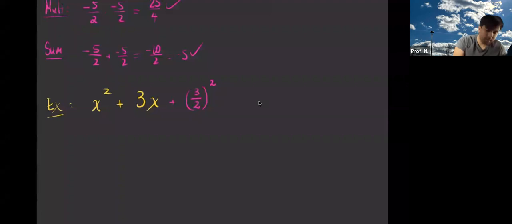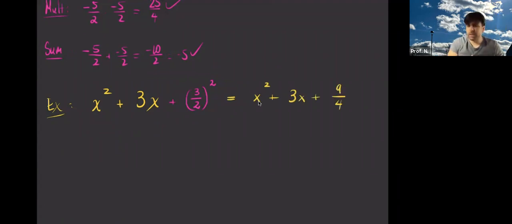Now, we know that this equals x squared plus 3x plus 9 over 4. Now, what I want to do is factor this. This is a perfect square trinomial.